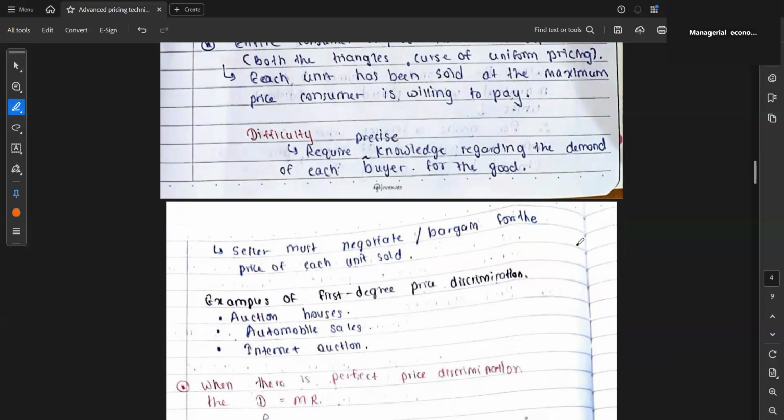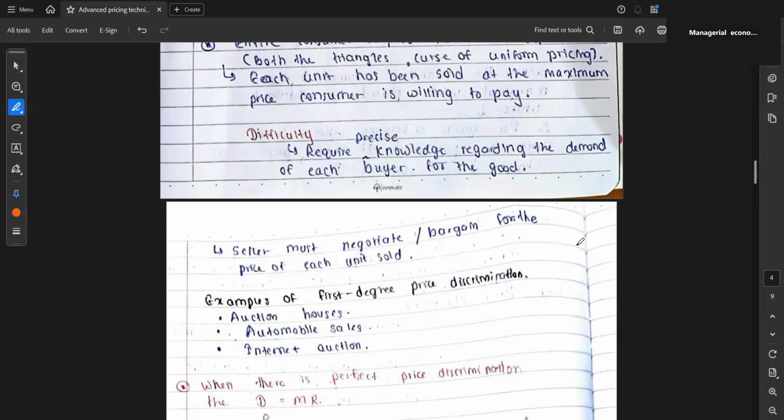And the seller also must negotiate and bargain for each unit sold. So that is very difficult. The seller would have to bargain to a level where the consumer is willing to pay the maximum price they have in mind.